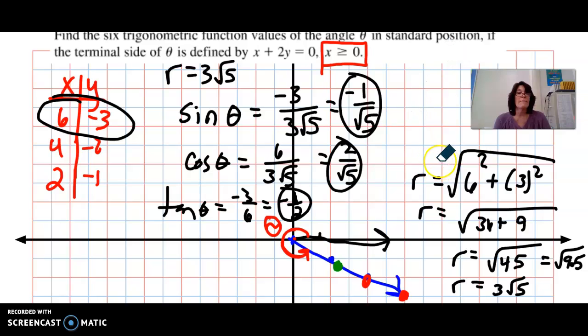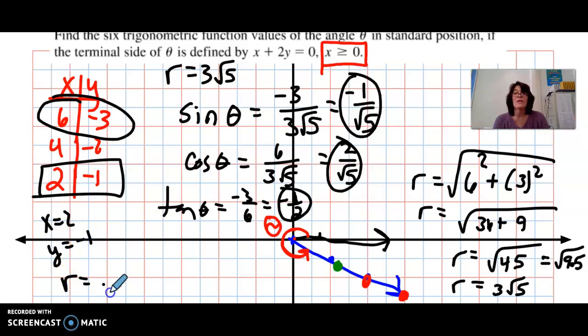What I want to show you is what happens if, let's say, somebody picked 2, negative 1. Then they have x is 2, y is negative 1. Their r would have been the square root of 2 squared plus negative 1 squared. They would have gotten square root of 5 right away, not had to deal with all this simplifying. Their sine would have been negative 1 over the square root of 5.